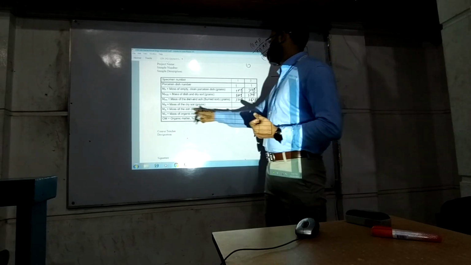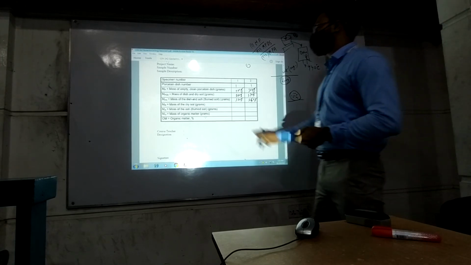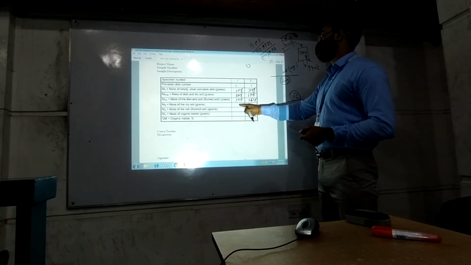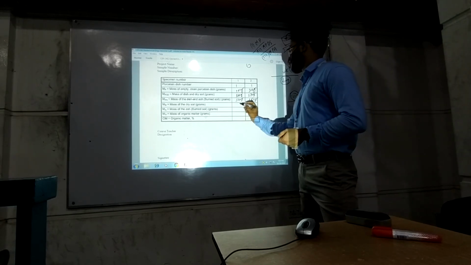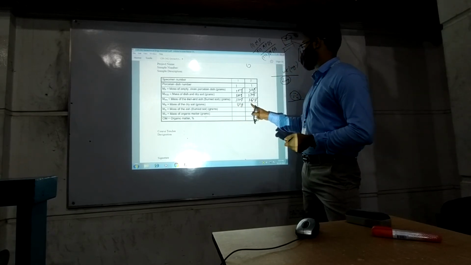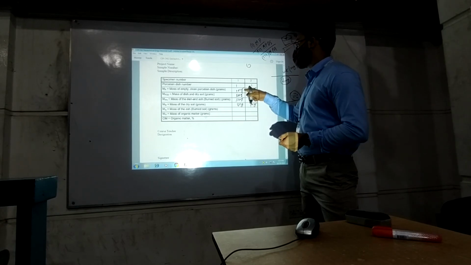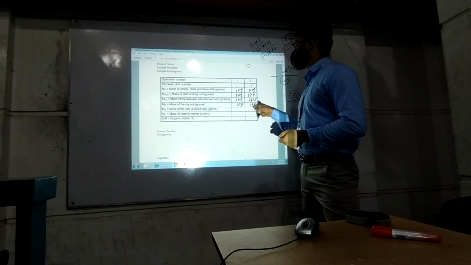So these are the measurements. Now the mass of dry soil. How will we find it? How much does it remain? 80. It will remain as 80, and this will be 70. We deducted 100 from 180, and 100 from 170. So we got this one.